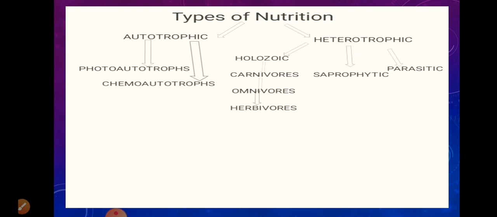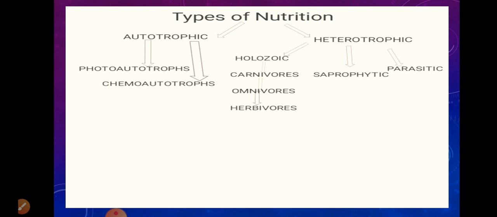There can be other plants also which are parasites, which are dependent on other plants for their food and nutrition. However, over here, we are talking about green plants. Only green plants would be categorized as autotrophs, and the type of nutrition that they would be exhibiting would be autotrophic nutrition.